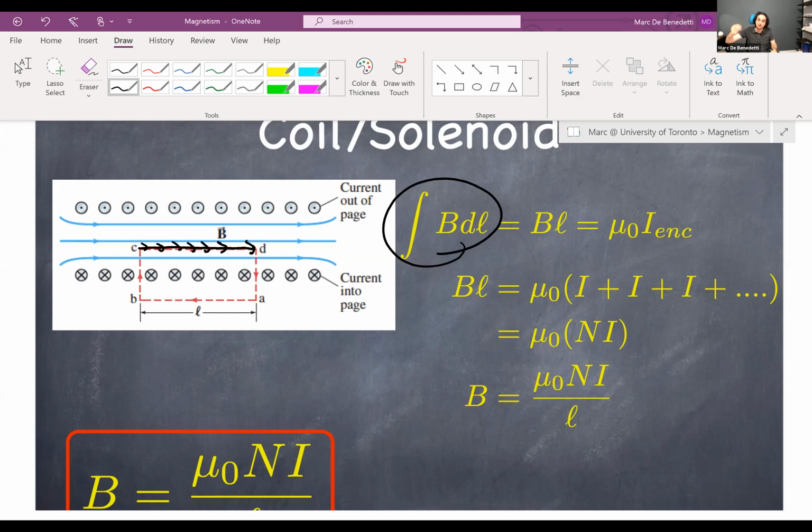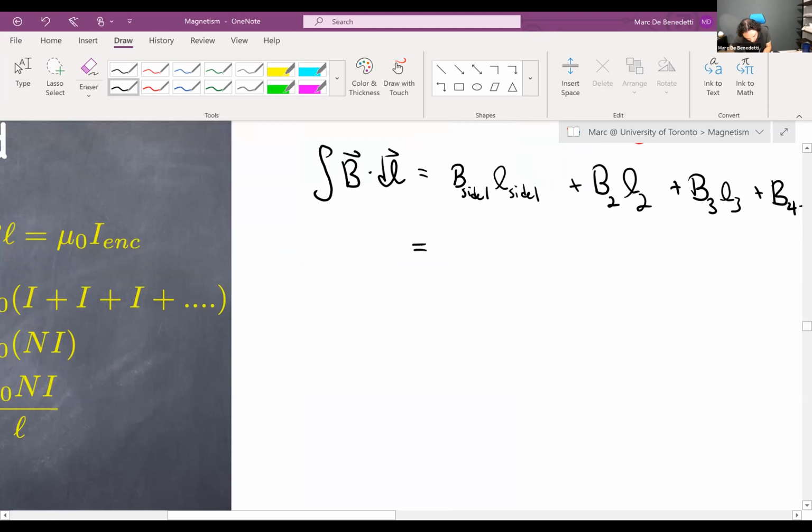Second question, is the theta value constant everywhere along the top portion of the Amperian loop? Yes, the B field is to the right, the loop is to the right, meaning the theta is 0, it's constant, we're good. Third thing, do we know the length of that side? Yes, we're drawing the loop, we know the length, it's L.